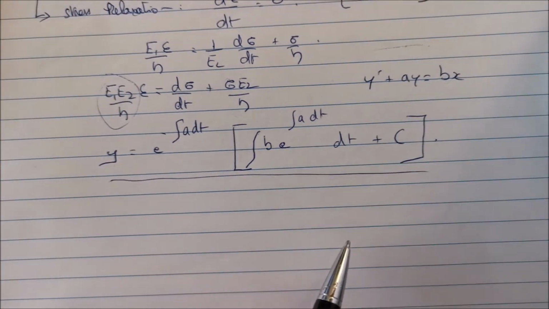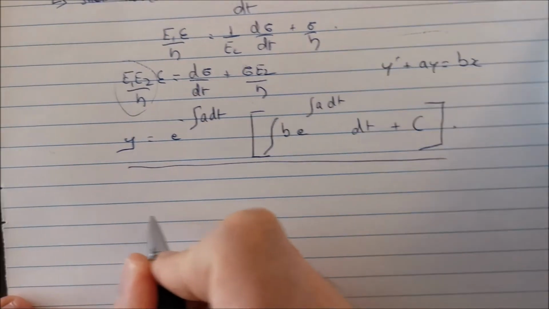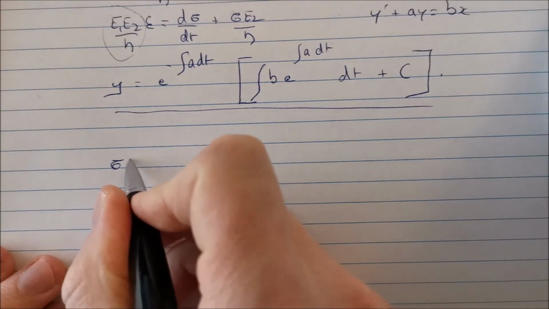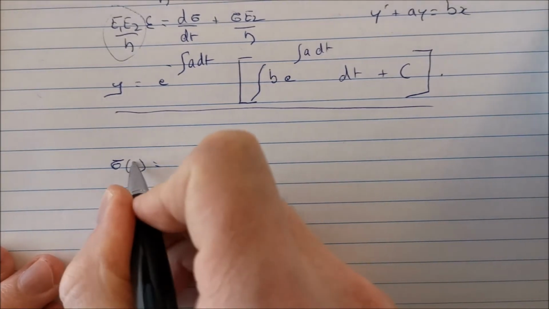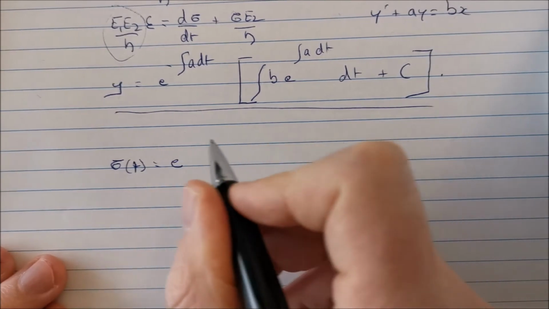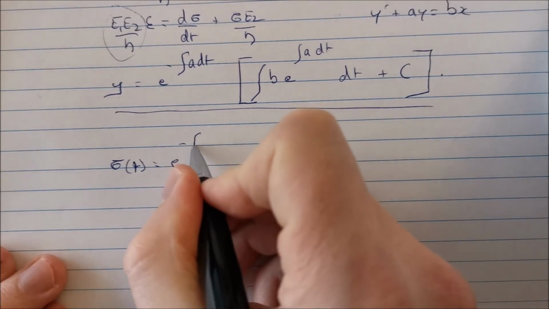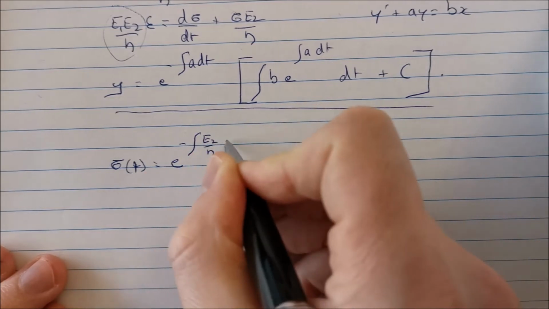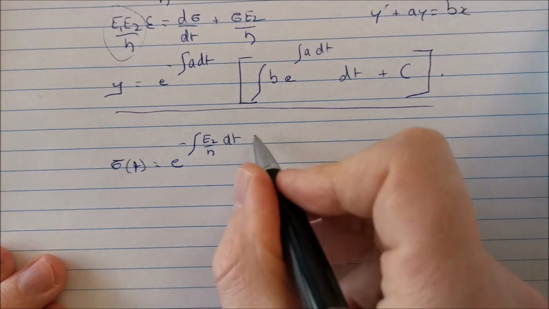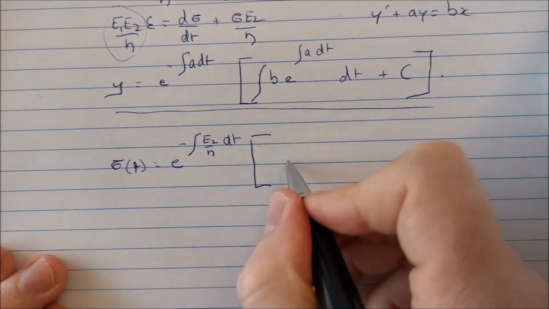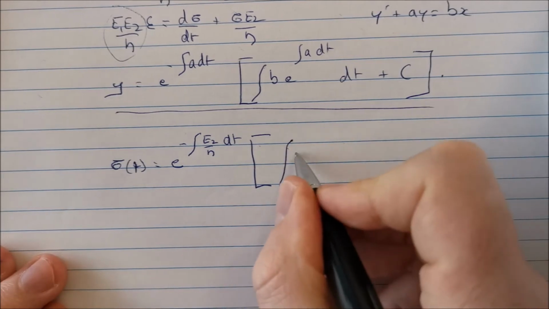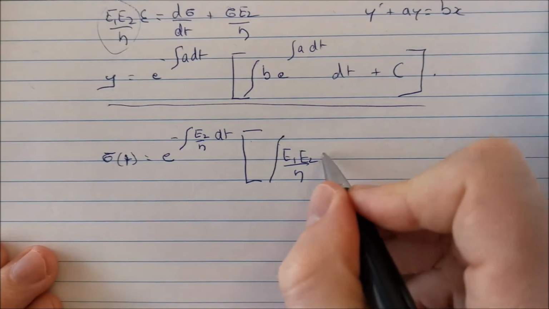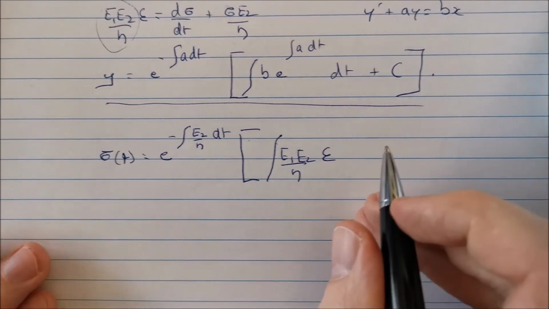Now the only thing to do is to solve this. We are going to write that the stress over time is equal to the exponential of E1, E2 divided by the viscosity times the strain.